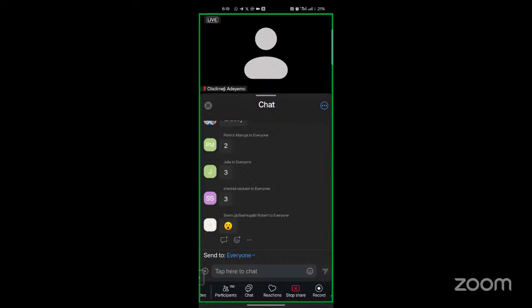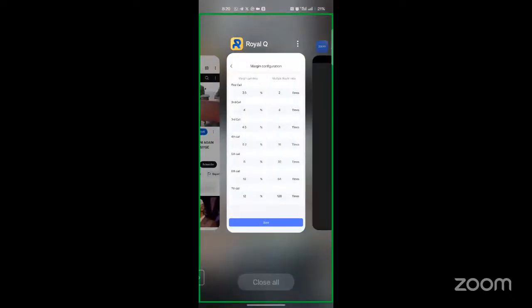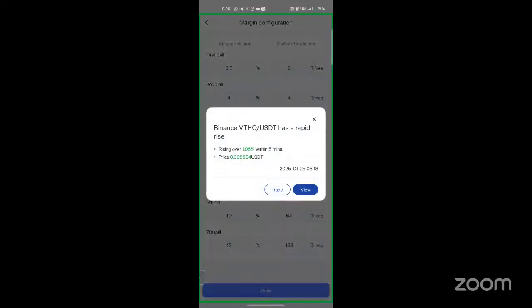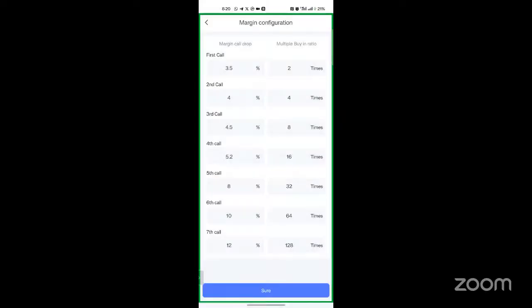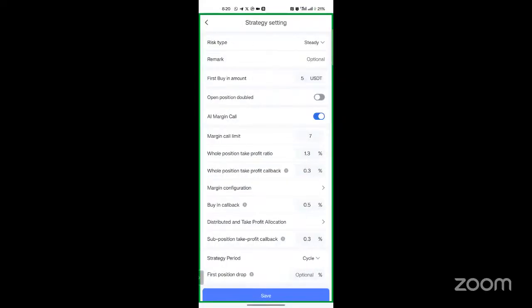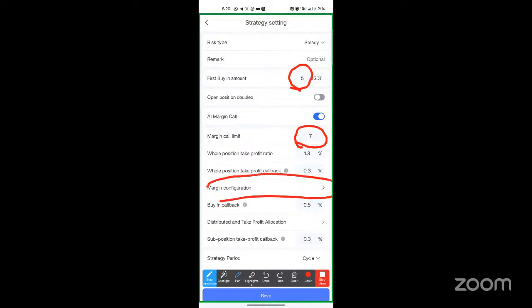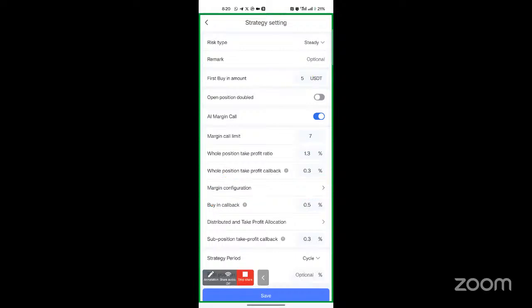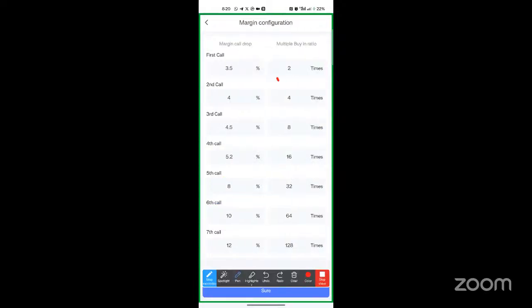Let's continue. Now, before you come here to ask how many margin calls should I create? If you have chosen your first buying amount to be 5, work on the principle of the multiple, because whenever your robot doubles, it increases your winning rate.